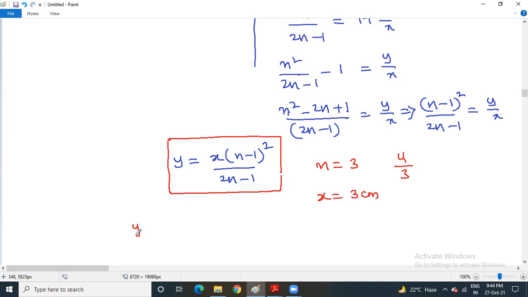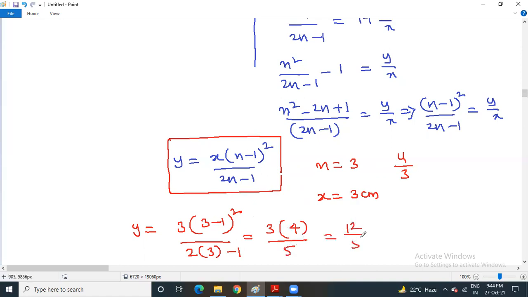Now let us find out what further distance it travels before it comes to rest. Take n equal to 3: 3 minus 1, whole square, divided by 2 into 3 minus 1. This is 2 square, which is 4, divided by 6 minus 1, which is 5. So it travels a distance of 12 by 5, which is 2.4 centimeters. Before it comes to rest, it travels a further distance of 2.4 centimeters.